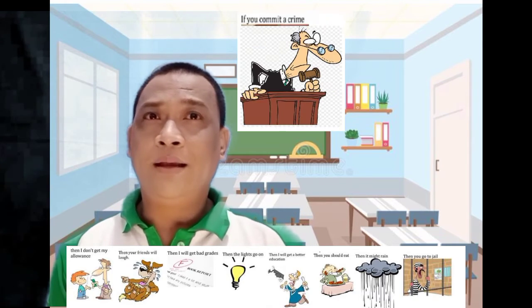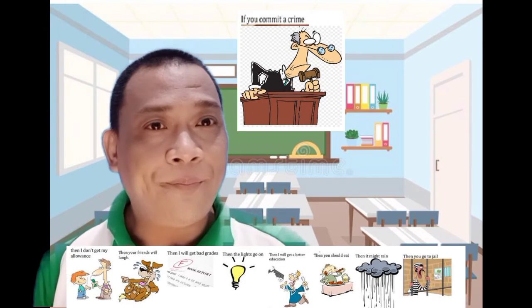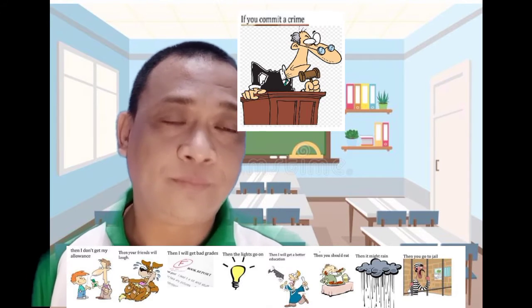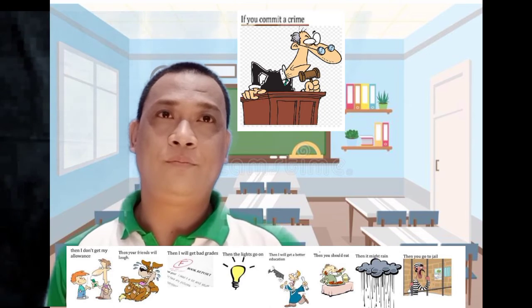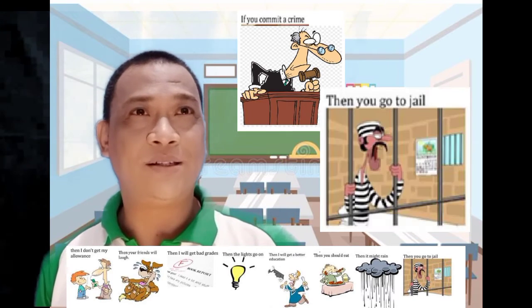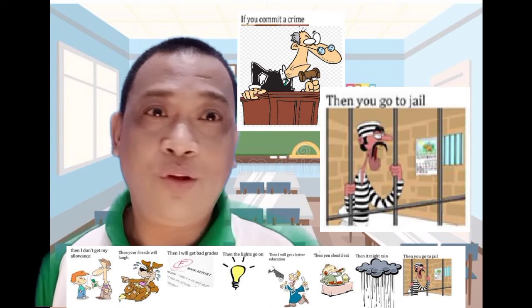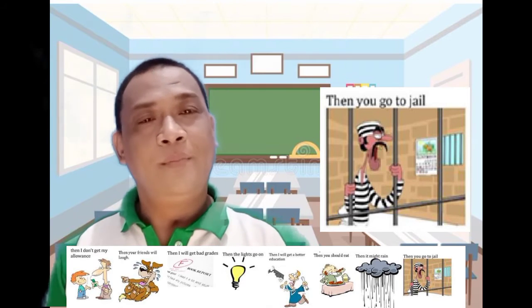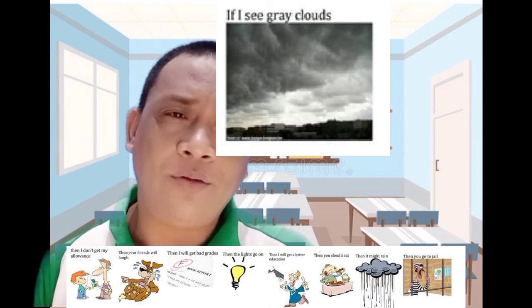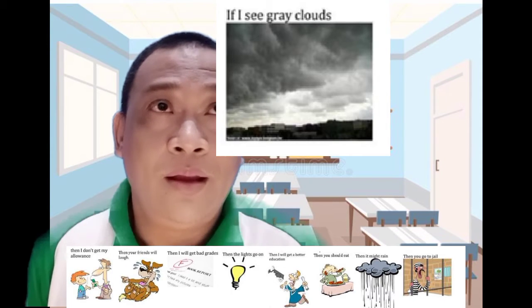Next, if you commit a crime, what could be your conclusion? Of course, then you'll go to jail. Next, if I see gray clouds, what could be your conclusion?